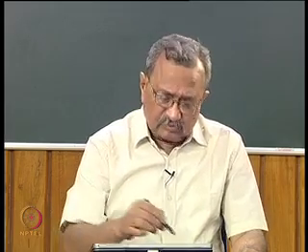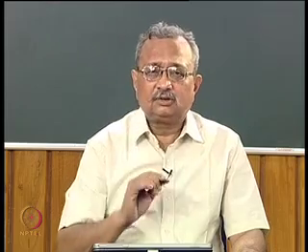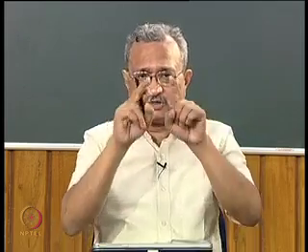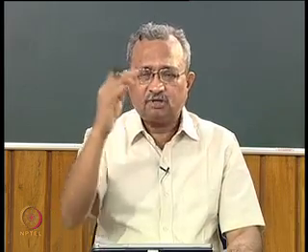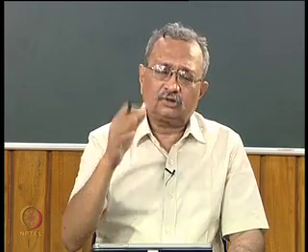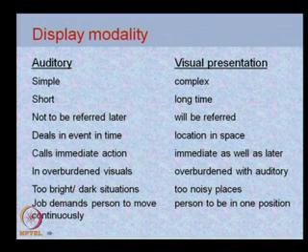So, in certain cases where many people are there and there is not a specific location fixed to see the information, more than one sensory information is to be presented. So, from this we can ask what the display modality will be.